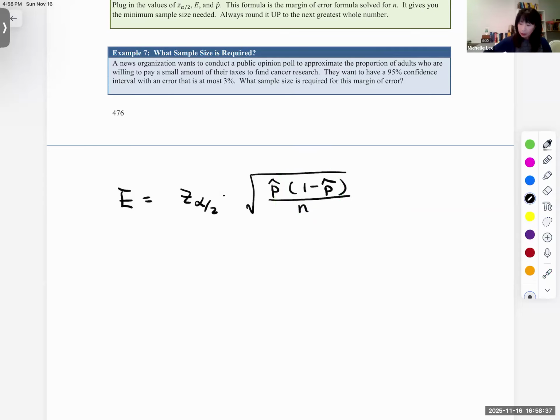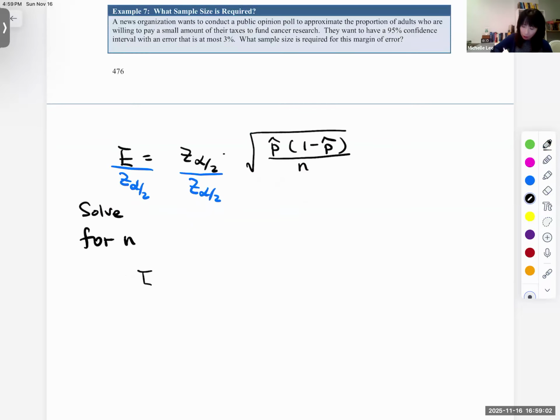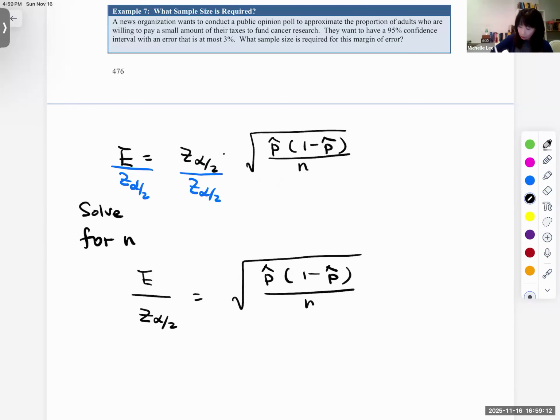Okay. We want to solve for n, the sample size, right? Solve for n. And you see here how? So we need to get rid of this one first, the z critical value. So divide z sub alpha over 2 by z sub alpha over 2, right? So 1 there. So we have E over z sub alpha over 2, and we have the square root of p hat, 1 minus p hat, over n, right?